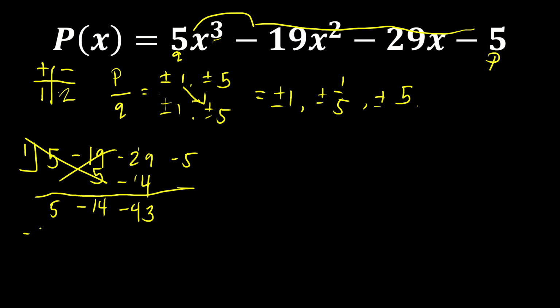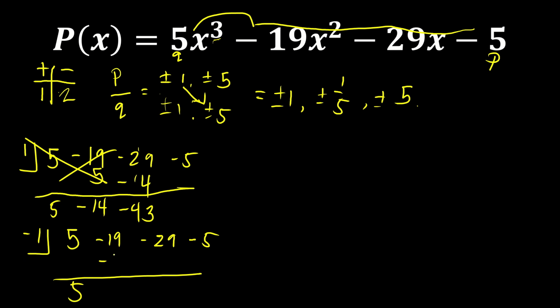Let's try negative 1. Malay mo, sisimulan na tayo kay negative 1. So, 5, negative 19, negative 29, negative 5. So, bring down again 5. 5 times negative 1 is negative 5. Negative 5 plus negative 19 is negative 24. Mukhang tatama tayo.